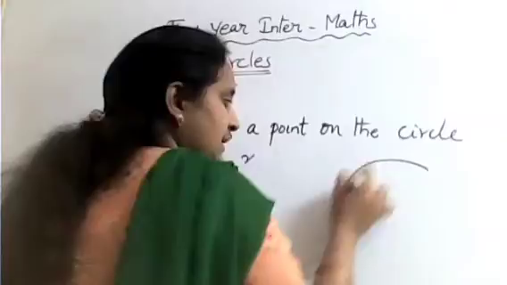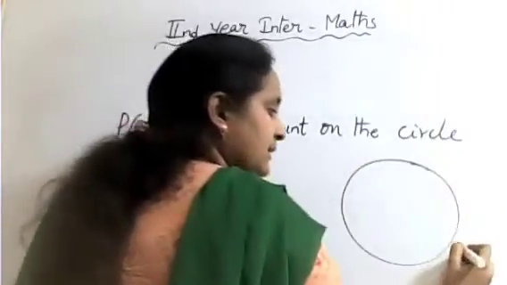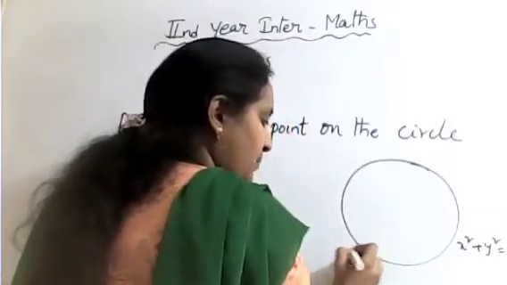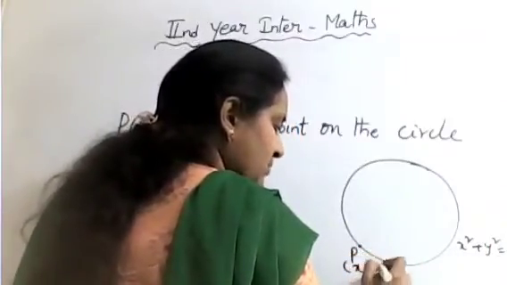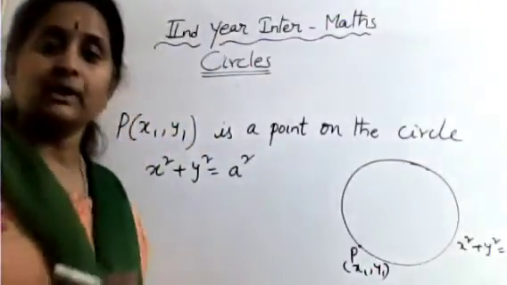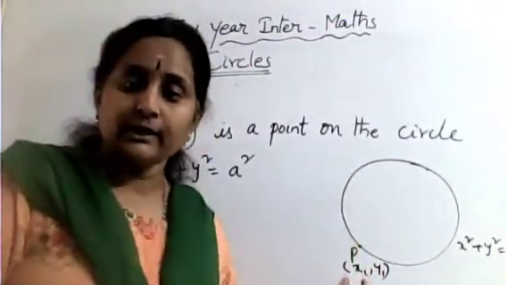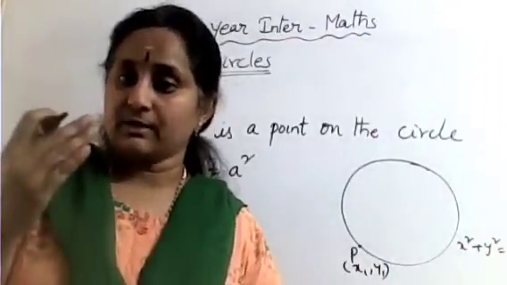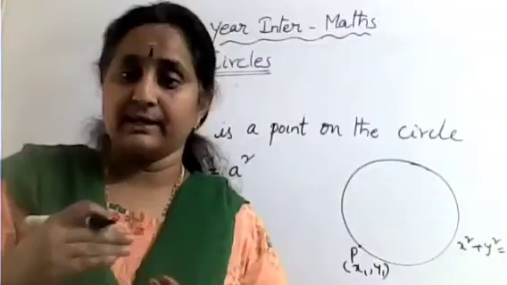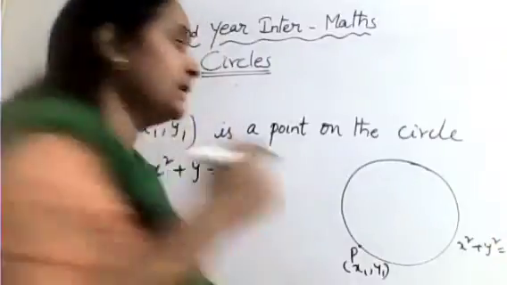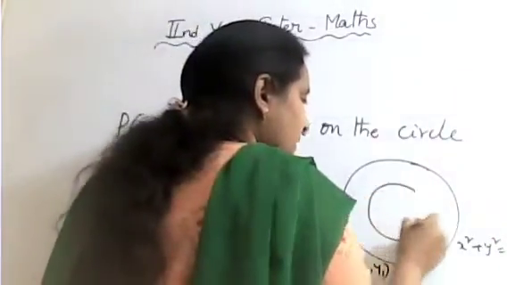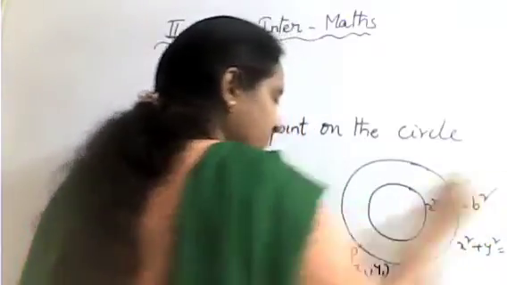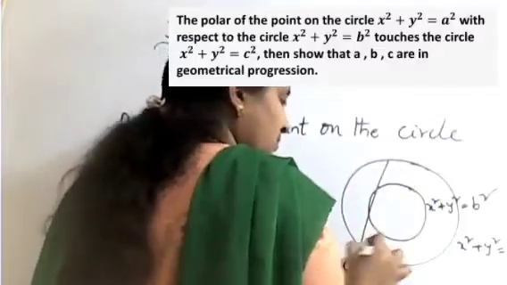From this point, we take the polar with respect to the circle x square plus y square is equal to b square.